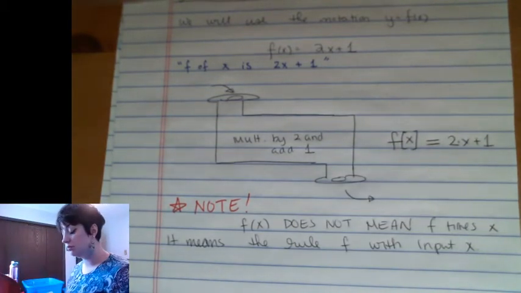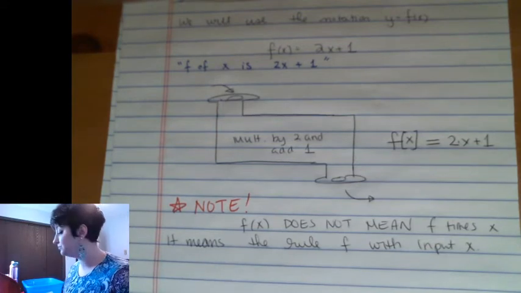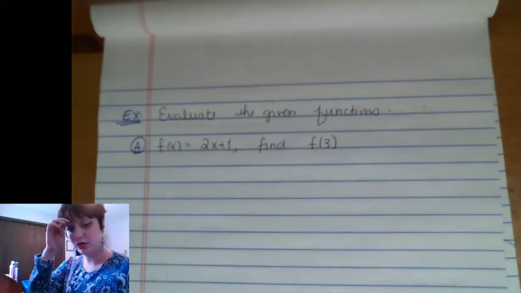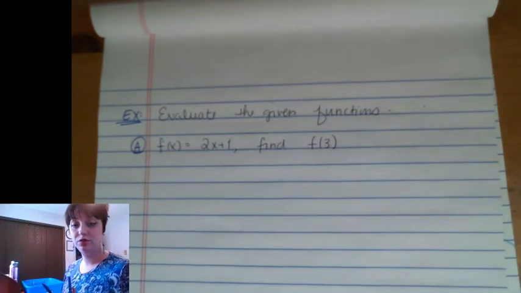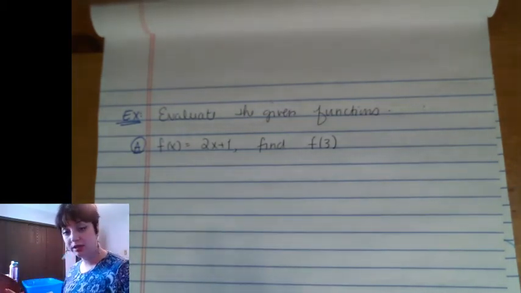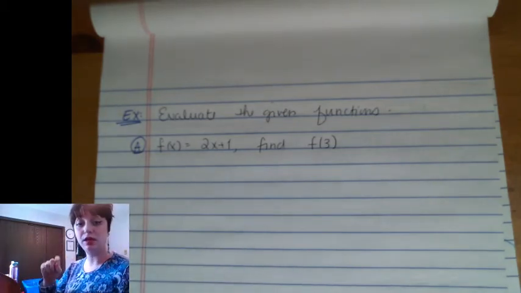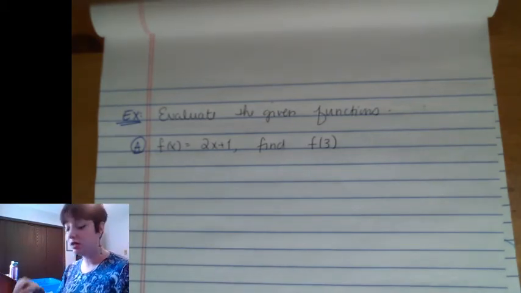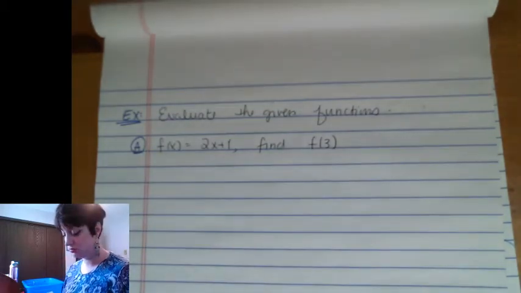So let's do a couple examples of evaluating. Okay, so example. Evaluate the given functions. The first one, let's just do that f of x is 2x plus 1. We want to find f of 3. What that means is I'm going to take the rule that multiplies input by 2 and adds 1, and I'm going to plug 3 into it.